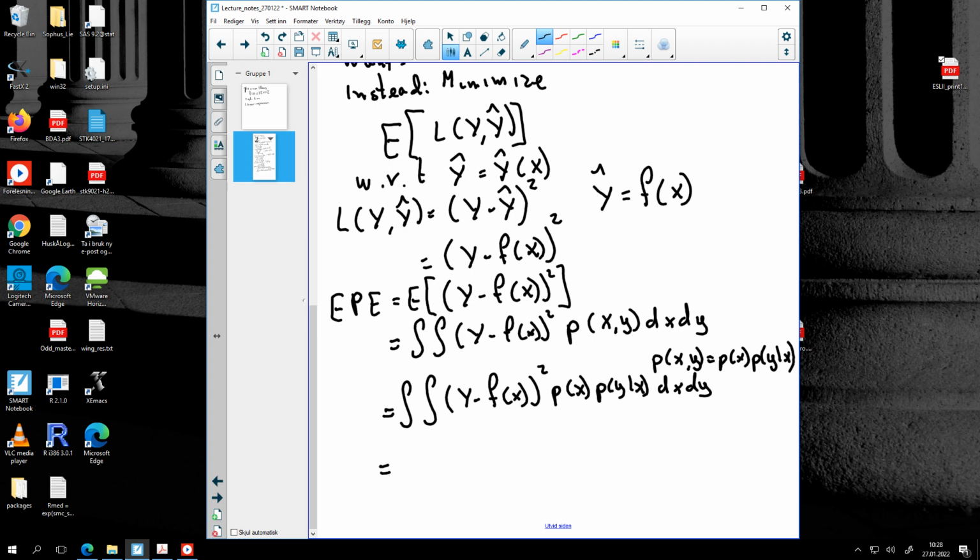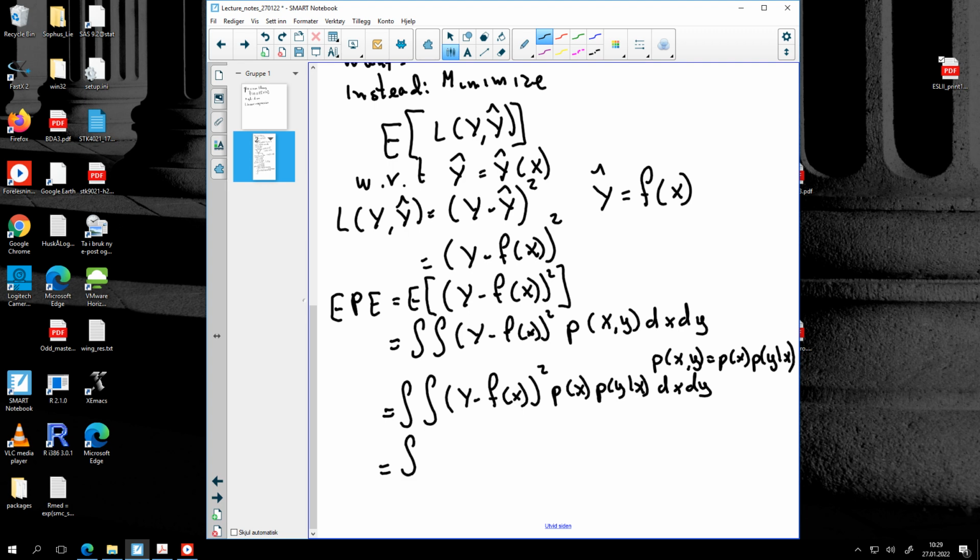Okay, but then we go one step further. First of all, we just switch the order of the integral. There are some formal arguments for when one can do that, but those are typically satisfied in this setting.